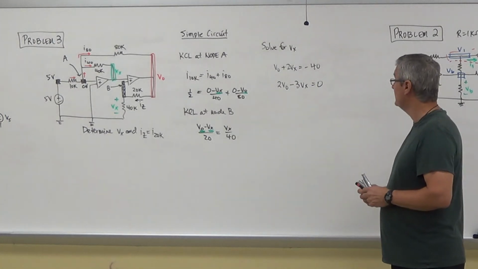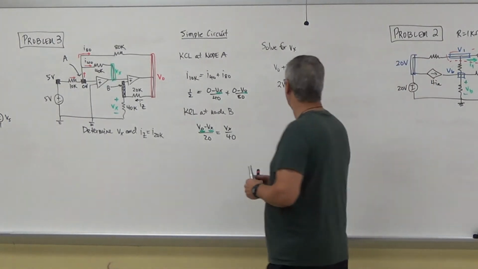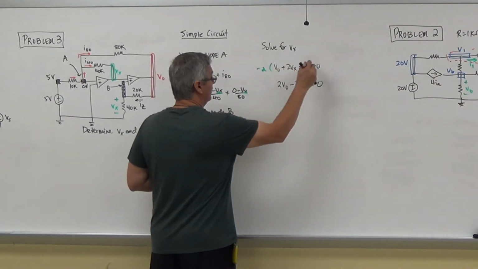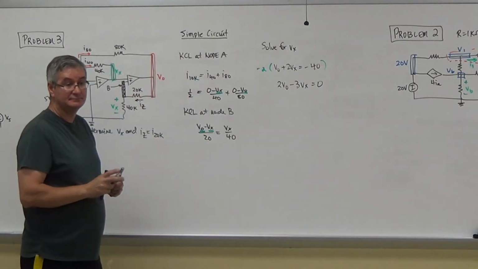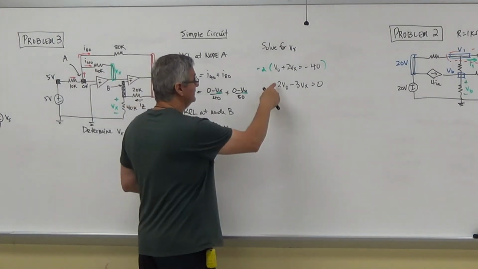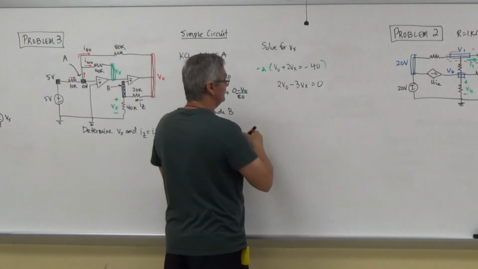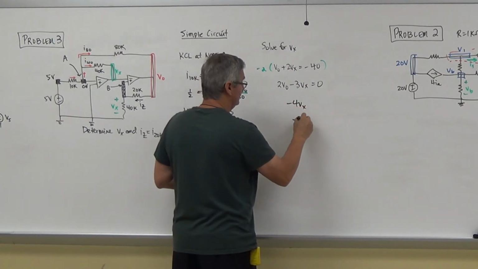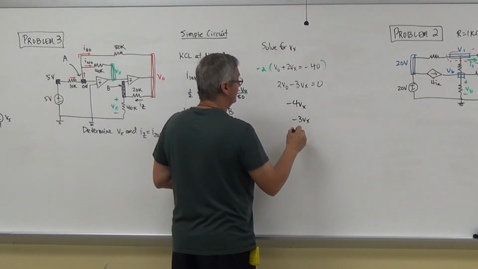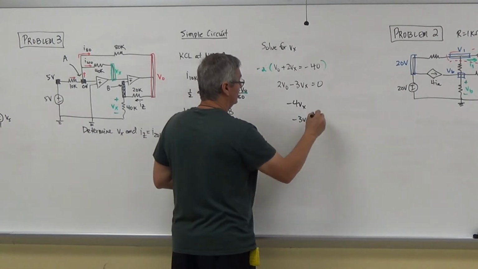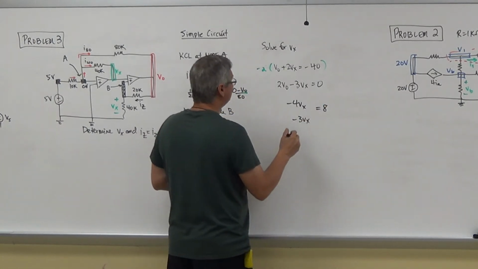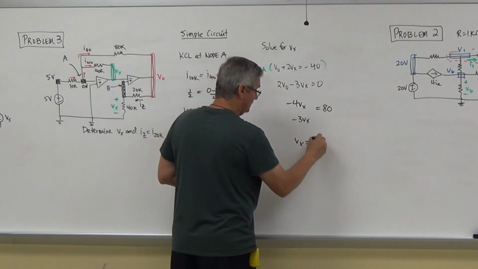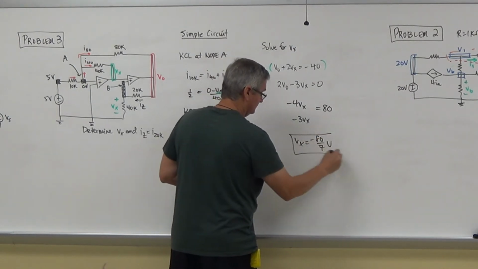I'd probably matrix this when I first did it here, but I'd probably do what? And then add. So if I add these two, that goes to 0, that's minus 4Vx minus 3Vx equals 80, right? So Vx has to be minus 80 over 7 volts.